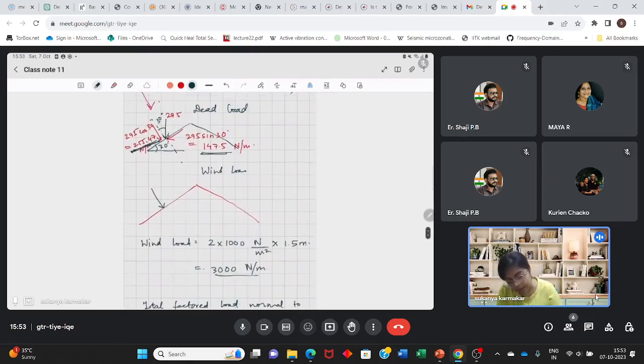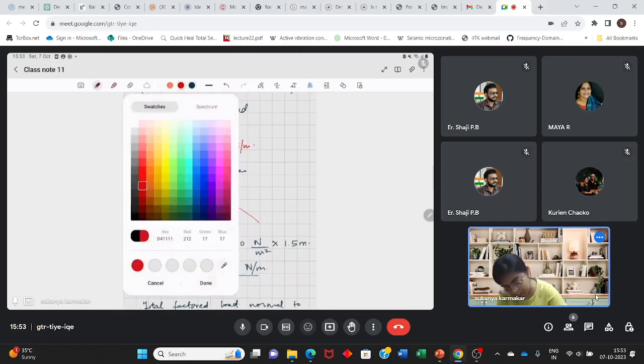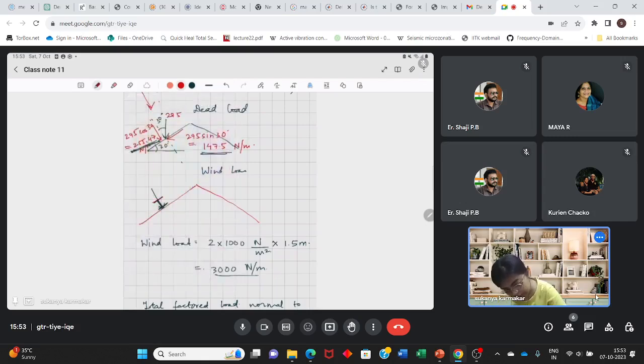Suppose an I section is placed here like this. When load is normal, this will be the major axis and this will be the minor axis.